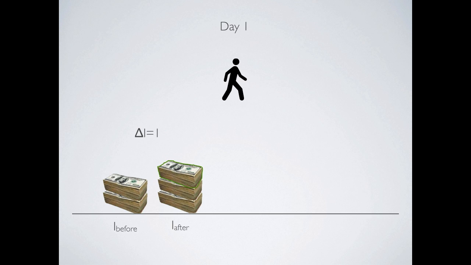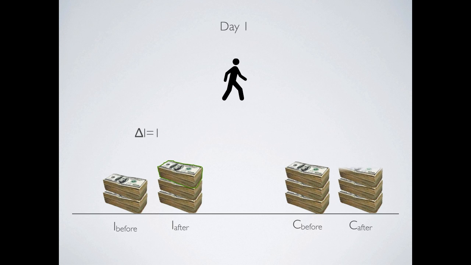In response to this 1 unit income change, the household would change its consumption from 3 piles of consumption to 4 piles of consumption. And the increase of consumption will be exactly equal to the 1 pile of cash that government gives him permanently.